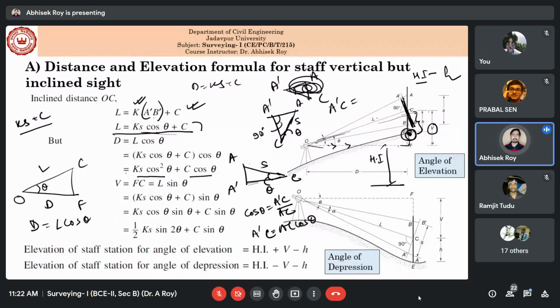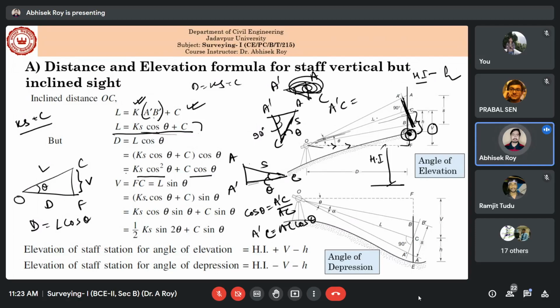Where H you can directly calculate from the axial stadia reading, which you are directly getting. But for V, again you have to depend on trigonometry. V is basically CF or FC. So that is basically L sin theta, D is L cos theta, so V equals L sin theta.